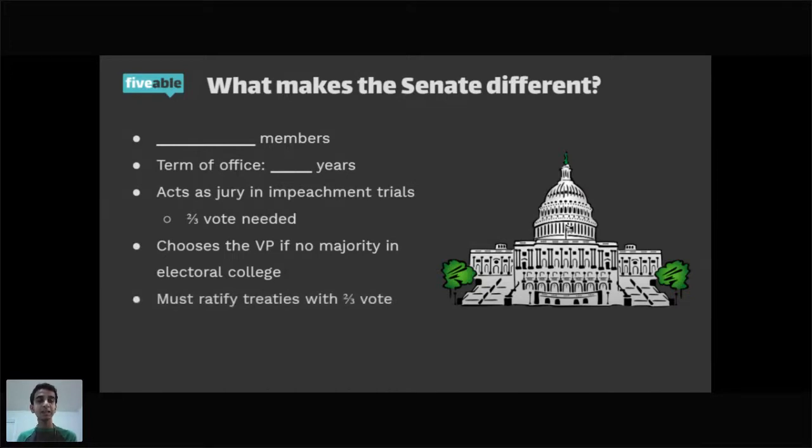The next really important thing is that they must ratify treaties with a 2/3 vote. Yes, a 2/3 vote. Ratifying treaties, does anyone know what a treaty is?